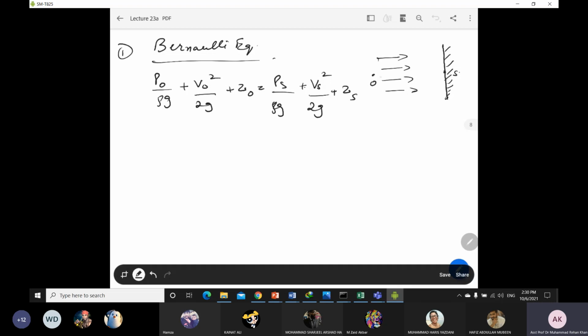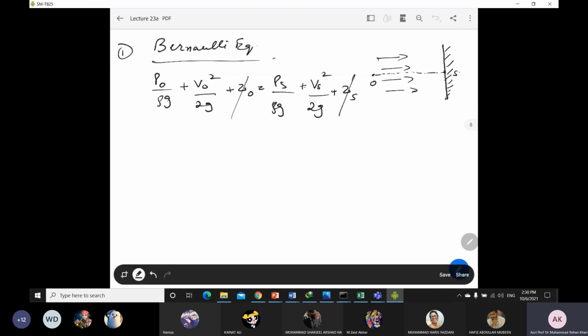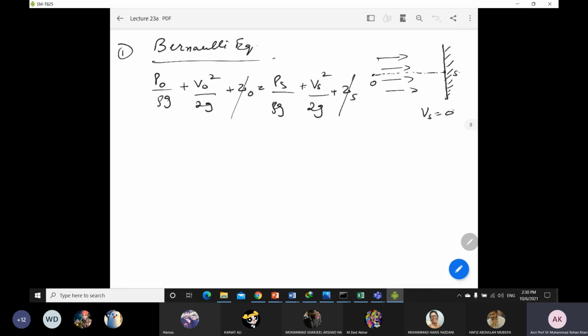Here, another assumption is that these 2 points are on the same height, so we can eliminate Z. And you already noticed from the definition of the stagnation point that the velocity at the stagnation point is zero. So Vs is equal to zero.